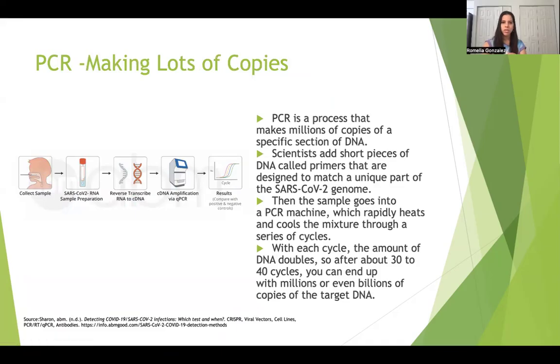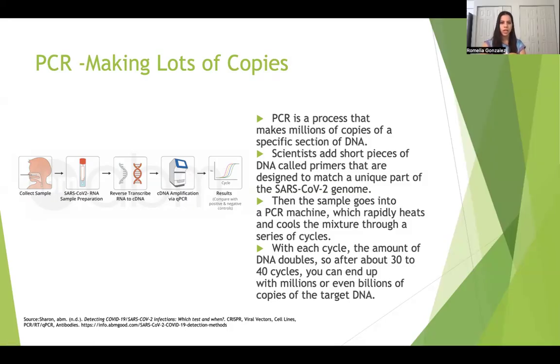So in the PCR process, we're going to make millions of copies of a specific section of the DNA. Scientists will add short pieces of DNA, which are called primers. They are matched to a unique part of the COVID-19 virus. These primers are like markers and they guide the enzyme called DNA polymerase to the target area. Then the sample will go into the machine, which is called the PCR machine. This machine will rapidly heat and cool the sample in a series of cycles.